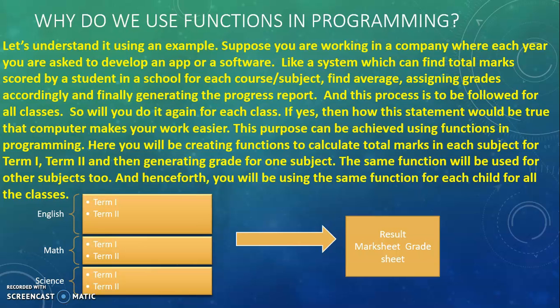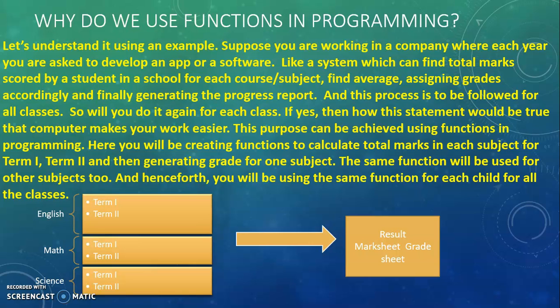Here, what you will do is create a function to calculate the total marks in each subject, and then you will find the average. This way you will do it for each subject for term 1, then term 2, and then generate the final grade for that particular subject.